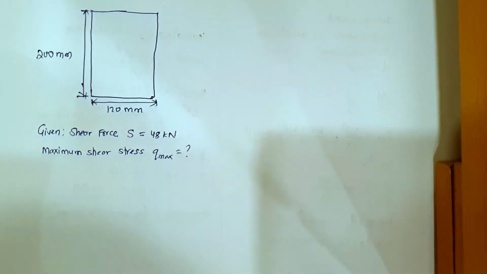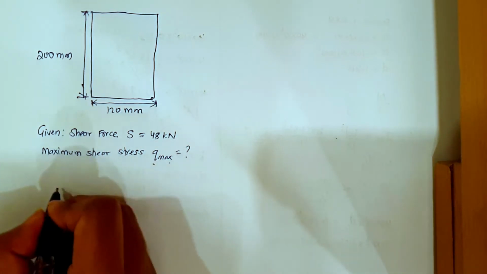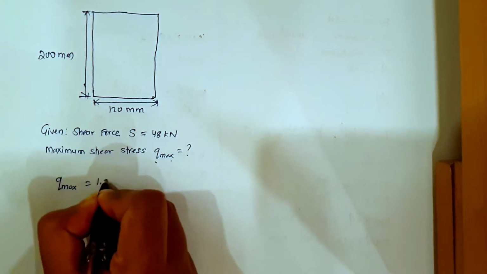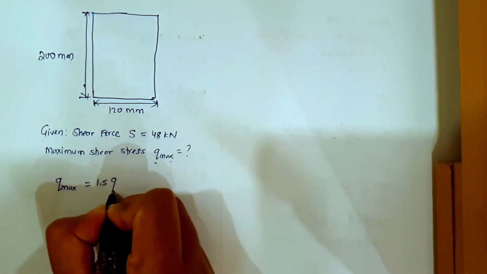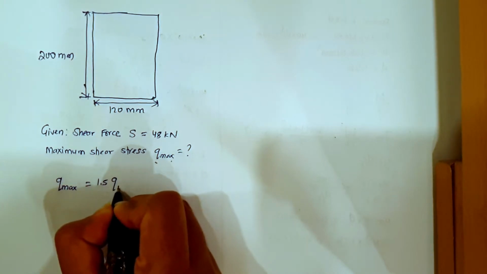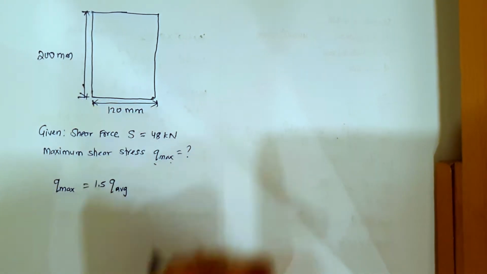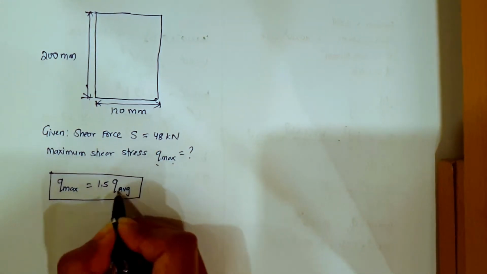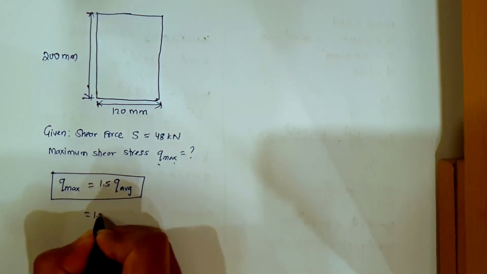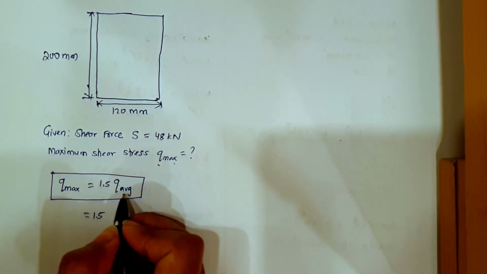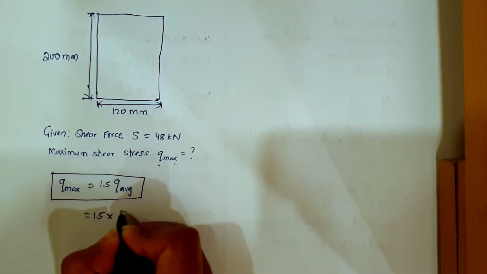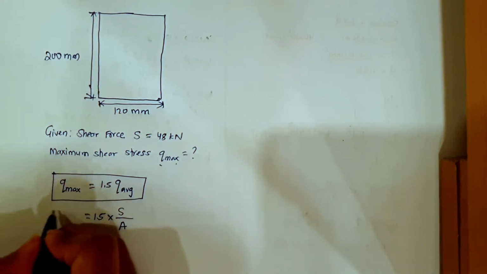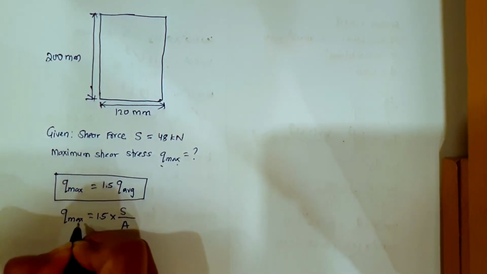The formula to find it is Q max equals 1.5 times Q average. And how do we find Q average? It is shear force divided by area. So this is your Q max.